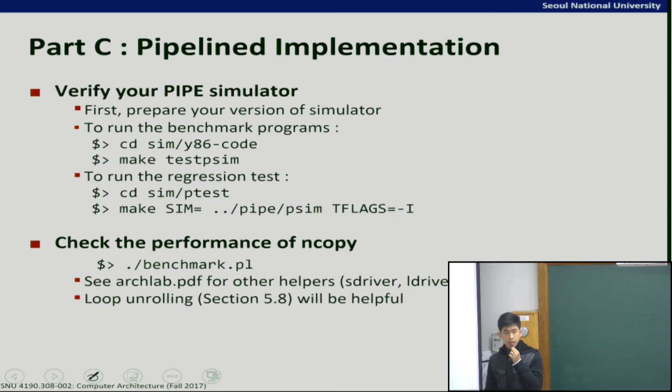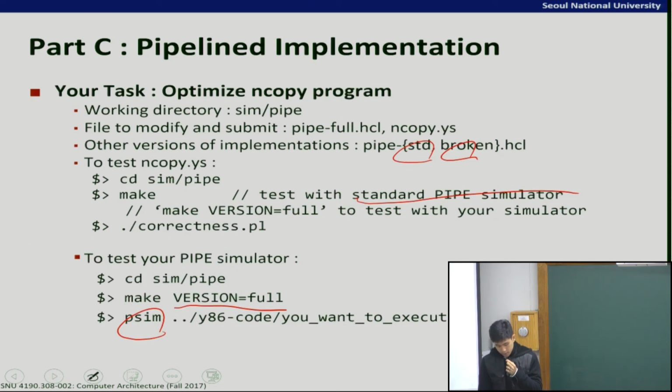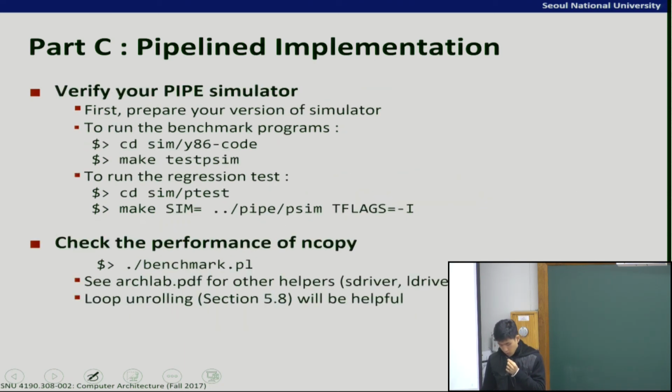But to get the score, again, you have to verify the pipeline simulator and ncopy. ncopy.ys is already verified by correctness.pl here. So all you have to do more is to execute benchmark tests and regression tests, just like you did in part B. And please follow those command lines.